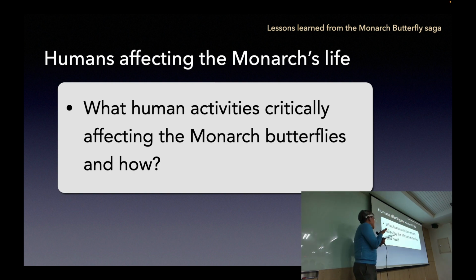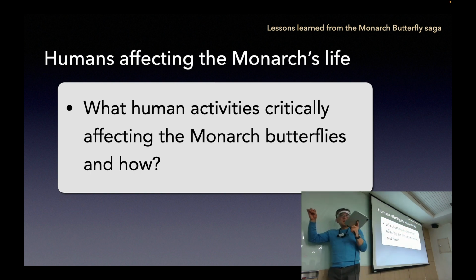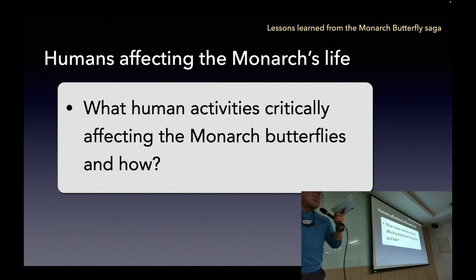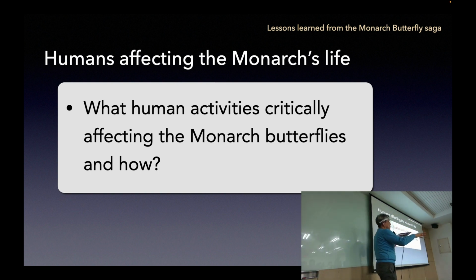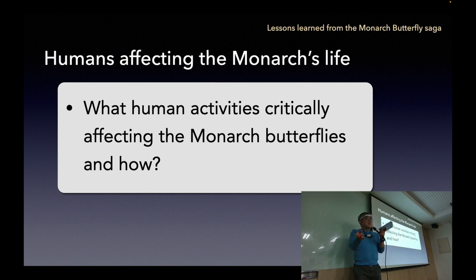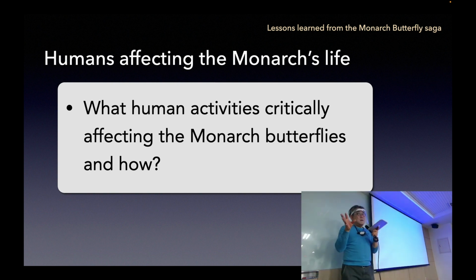It's all related to our human behavior, how human behavior somehow ended up reducing the number of monarch butterflies. While you are reading, you might want to pay a little extra attention to this.